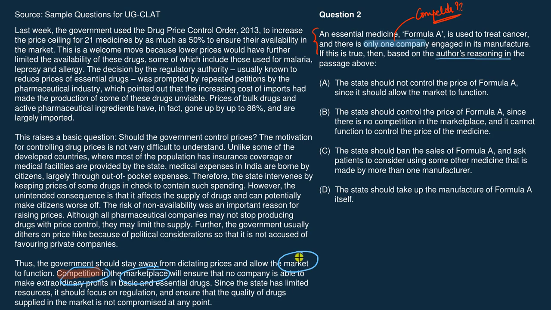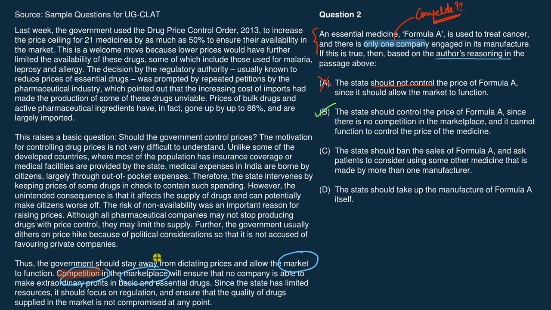Therefore, based on author's reasoning, since the competition is not there, the government should be allowed. The state should not control the price of Formula A since it should allow the market to function. No, because it should not control because there is no competition here, because there is just only one company. The state should control the price of Formula A since there is no competition in the marketplace and it cannot control. So this makes a lot of sense.